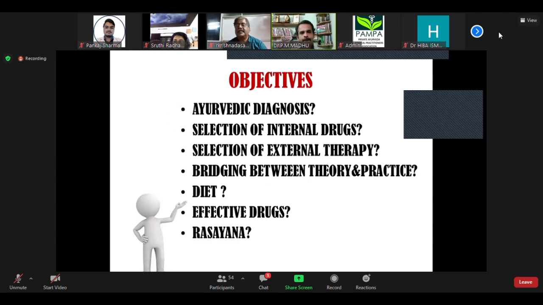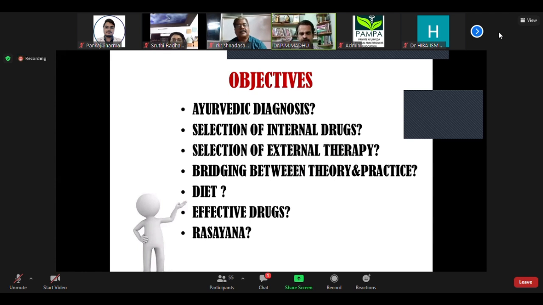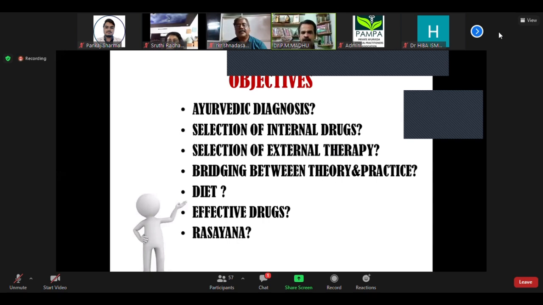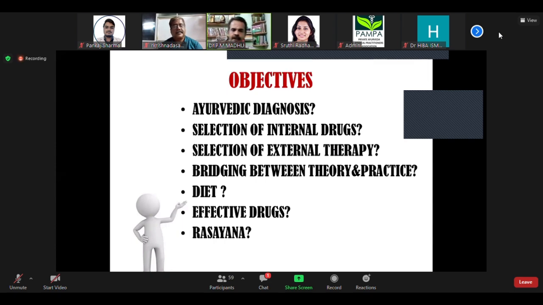Actually, the objectives of this session for 1 hour are mainly how we can arrive at an Ayurvedic diagnosis of a skin disease, how we can select appropriate internal drugs in every case, and how we can frame the external therapy in each case. Also, how we can bridge the gap between theory and practice existing in Ayurvedic dermatology, what diets can be suggested, what effective drugs can be used in Ayurvedic dermatology, and what the Rasayana drugs are.